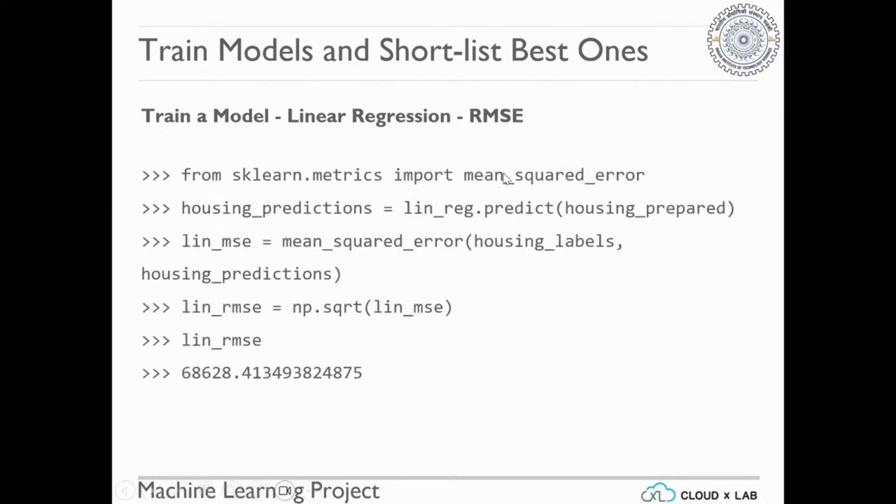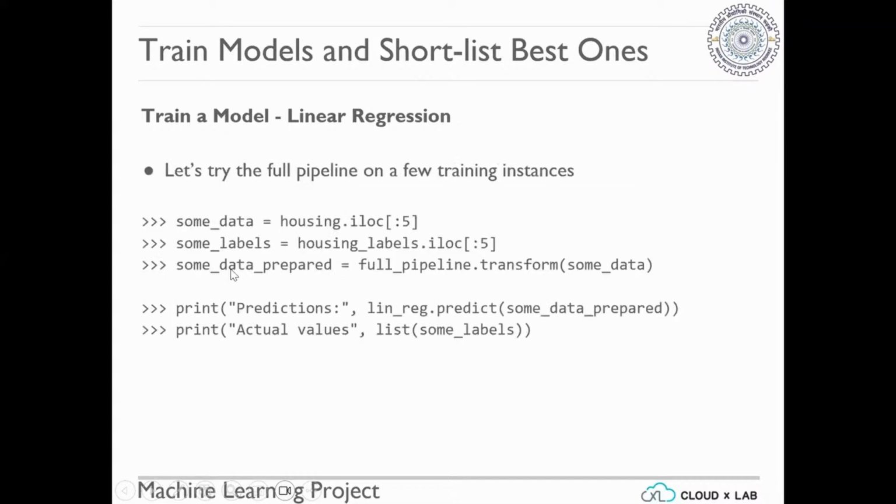Yes. So here, first we will import mean_squared_error from scikit-learn.metrics, right? And after importing this method, mean_squared_error, we will pass two inputs. Here housing_labels is the actual label, and housing_predictions contains the model predicted values, right?